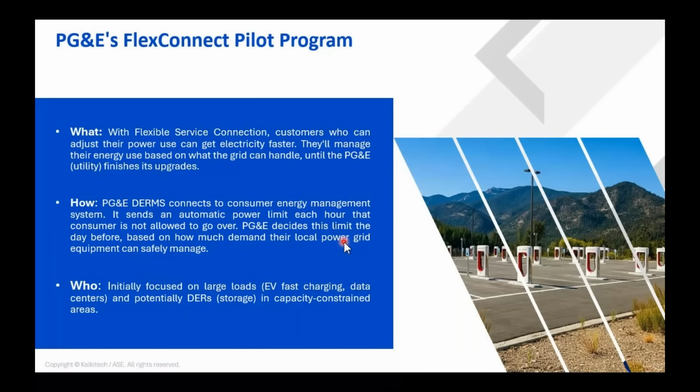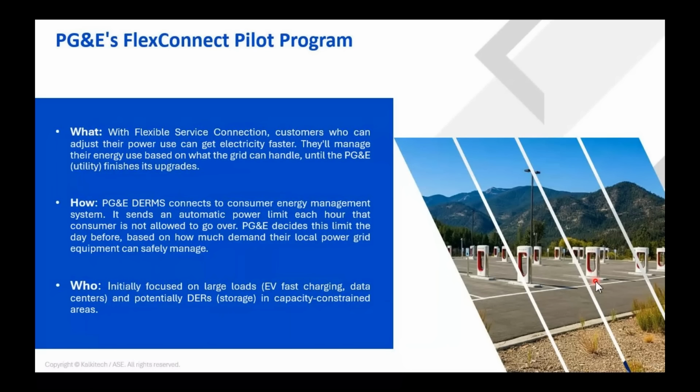And next, who is this program initially designed for? The primary focus is on large new electrical loads that are seeking connections in areas where the grid infrastructure is already constrained or nearing its limit. Prime examples, as highlighted here, include EV charging facilities like supercharging stations or energy-intensive data centers.